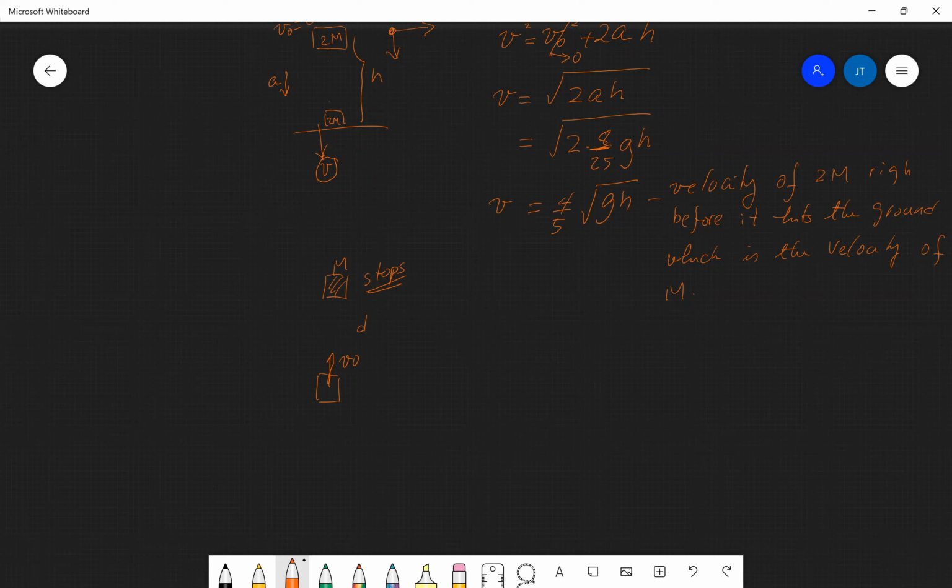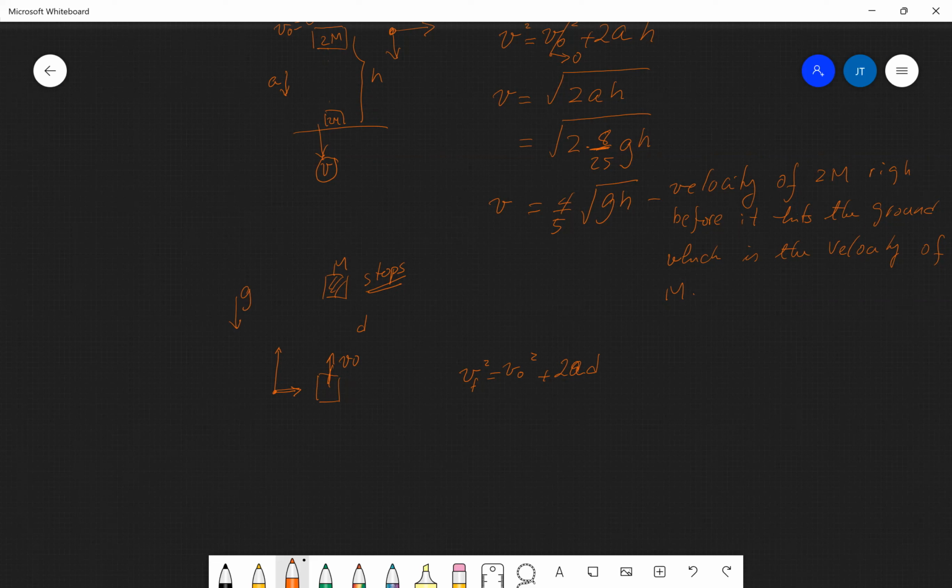Here's our axis. Here's the 0, up is positive. So v at the top squared is v initial squared plus 2a times d. Well, what's the acceleration a? Now we are in free fall in this step, so the acceleration is negative g. Why is it negative g?